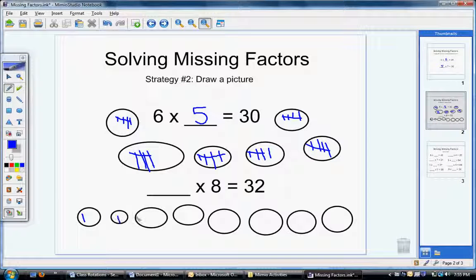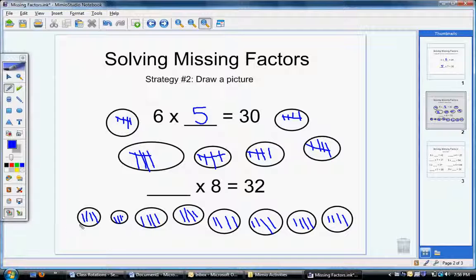Sharing the tallies out, 1, 2, 3, and so on up to 32. I ended up with my product of 32.